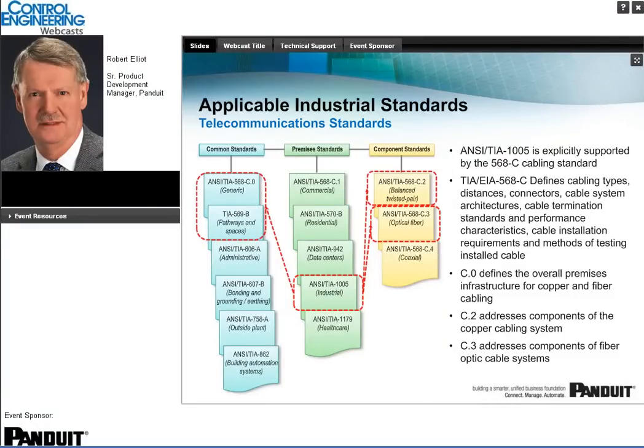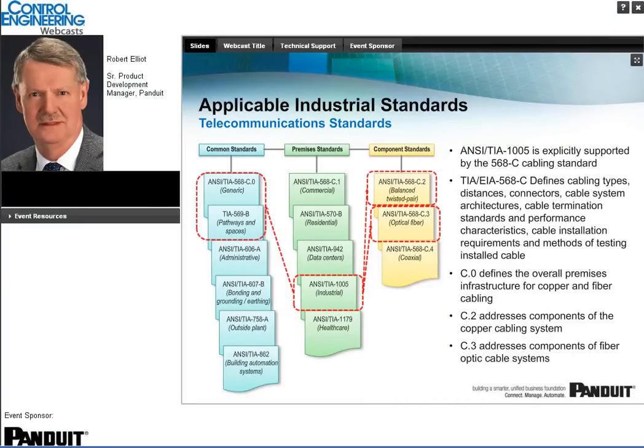So these generic or common standards then move to distinct premise standards. What are the particularities of the industrial environment that would separate it and make it different from, say, a commercial building? We've already touched on that, of course. One of those differences would be the types of harsh environment that you see in industrial.